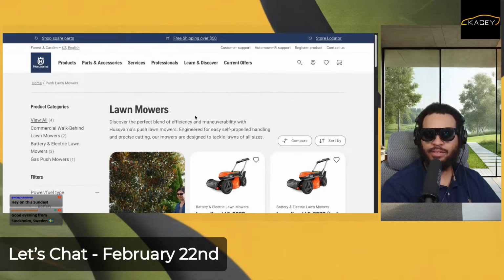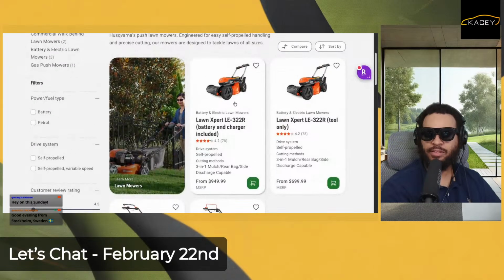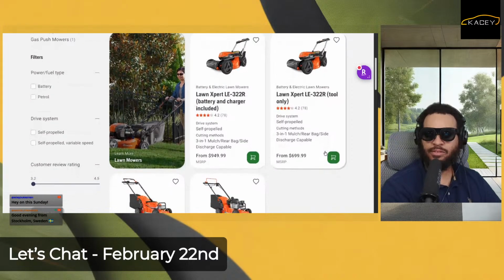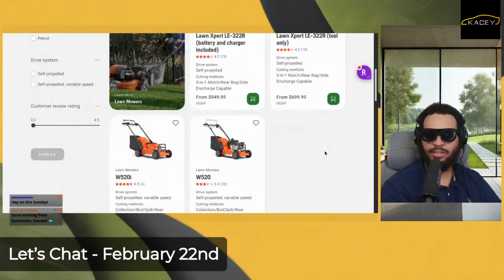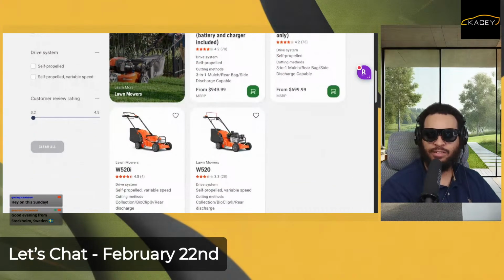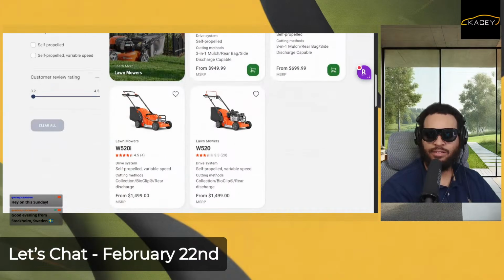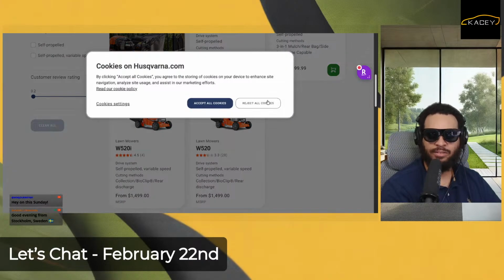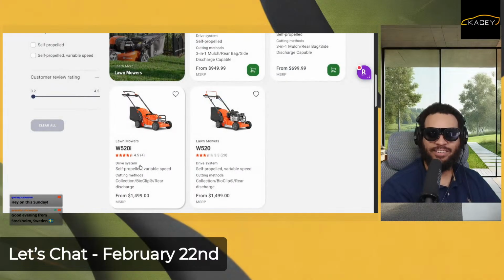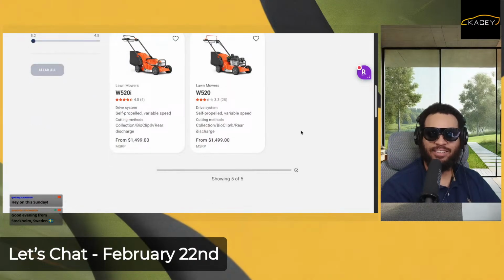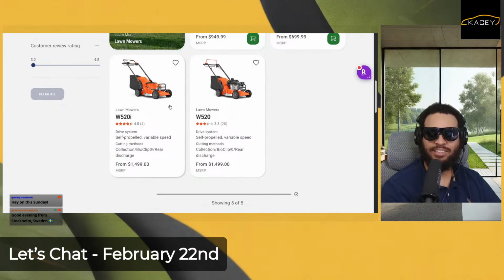And yes, I'm talking push mowers, but everybody makes a good, nice ride on mowers as well. Let's see, zero turn. So what would be the spiritual successor to what I had? I think this might be the literal successor to what I had. Mine wasn't that ugly though. Let's reject all the cookies. Yeah, that'd be closer to my styling.